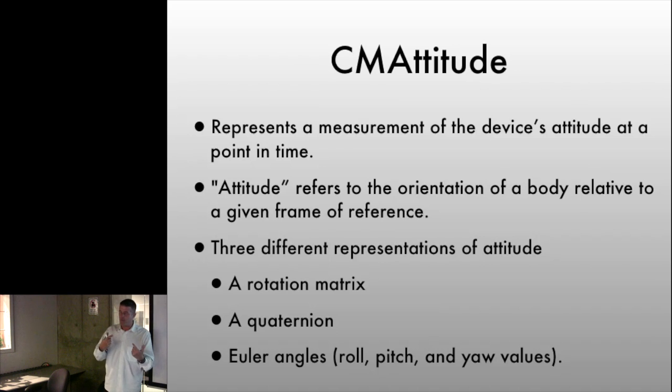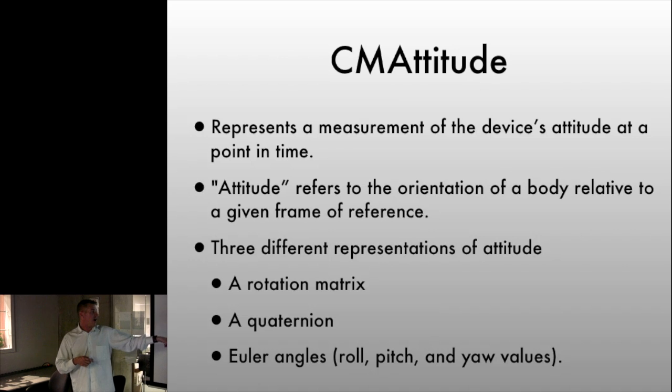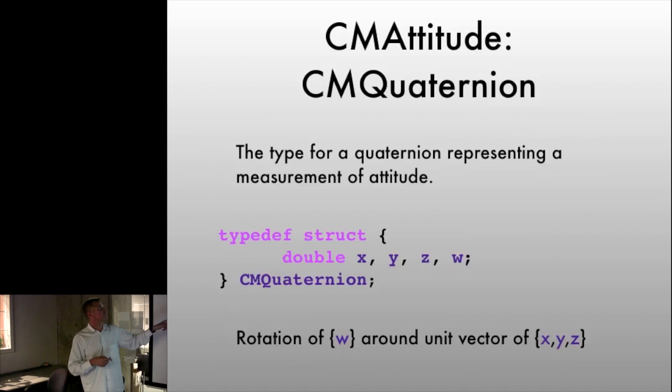If you're familiar with 3-dimensional graphics and rotation matrices and translation matrices, you can get this data as a rotation matrix. You can also get a quaternion, so that you don't have to figure out the normalization and the direction of the rotation vector, or you can get just raw Euler angles: the roll, pitch, and yaw values.